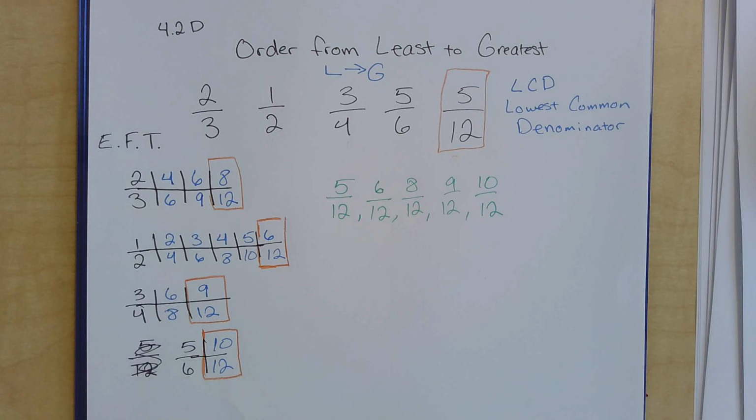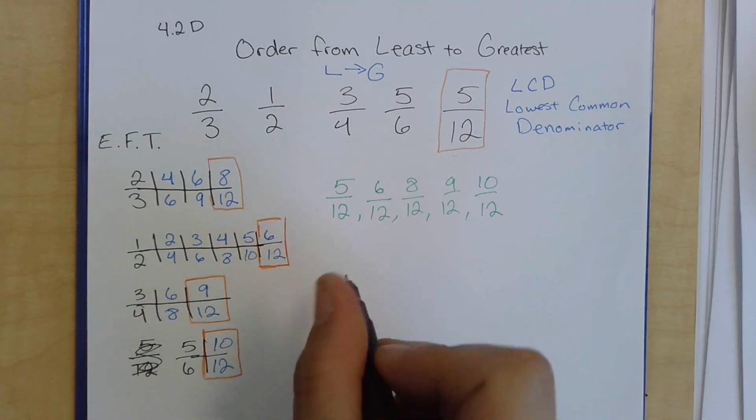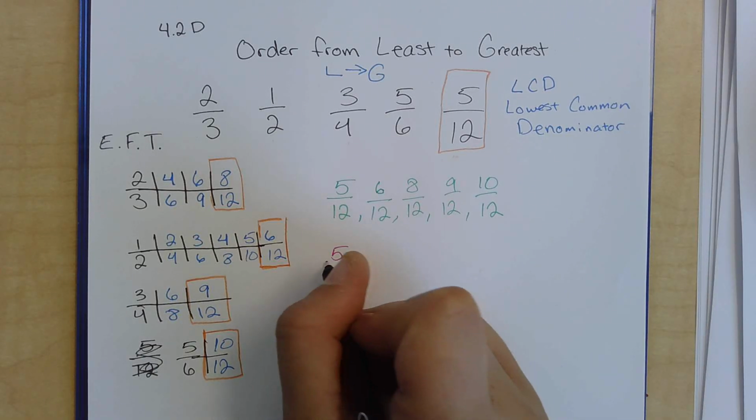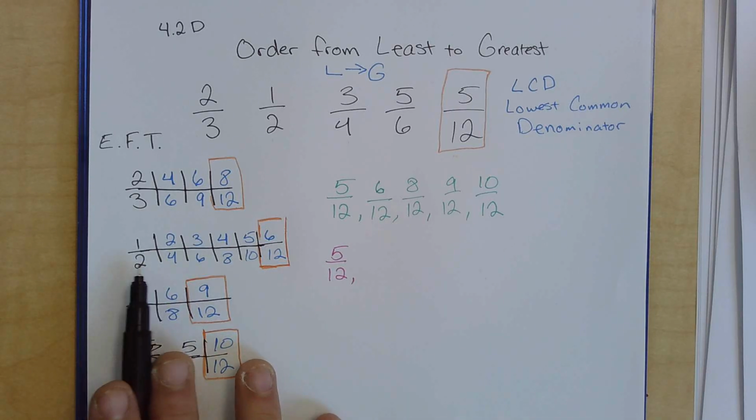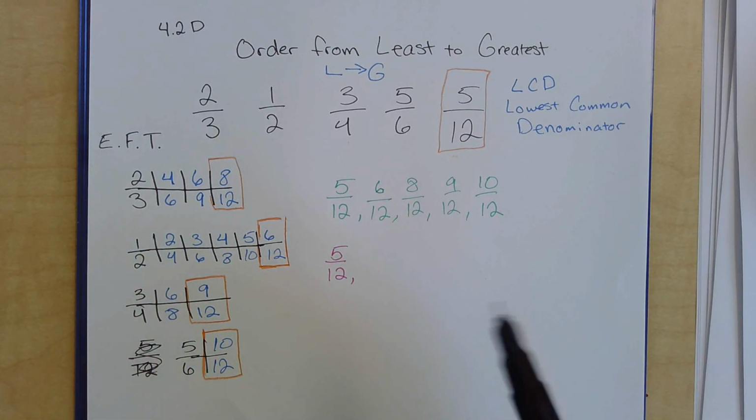So, keep in mind that you always want to identify your original fractions, okay? So 5/12 was an original fraction. That can stay the same. 6/12 is really half.